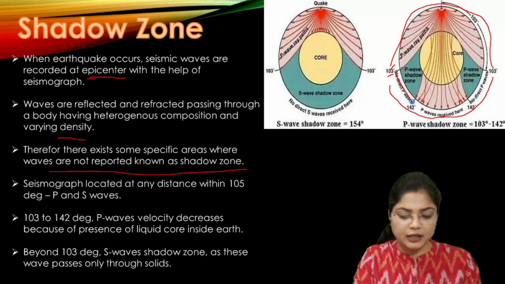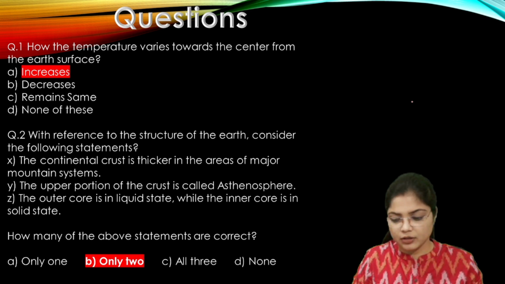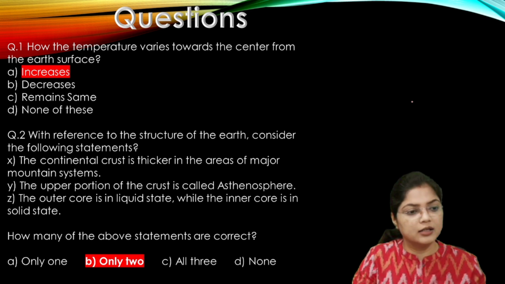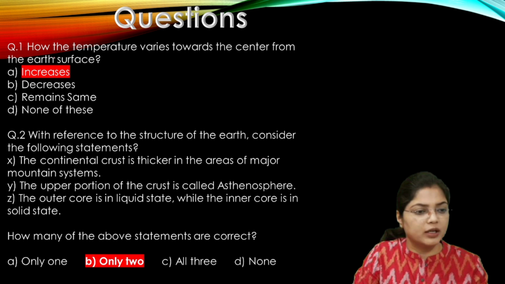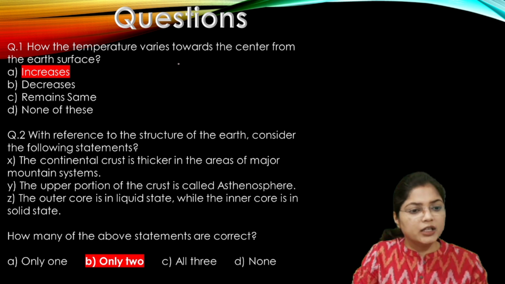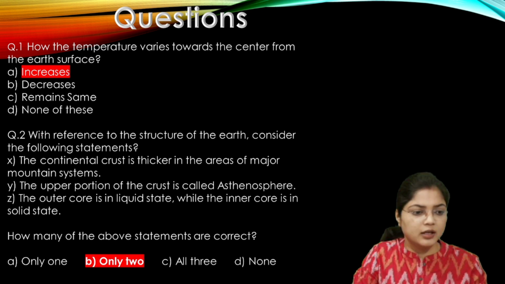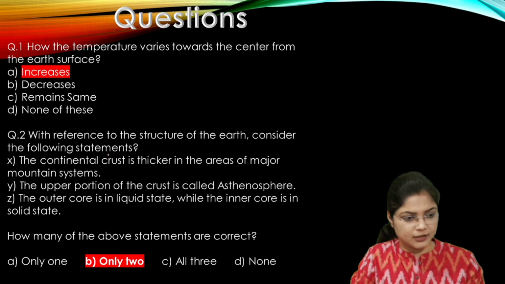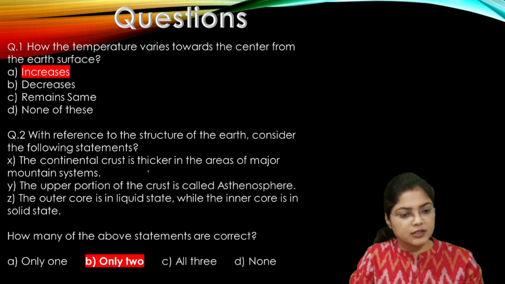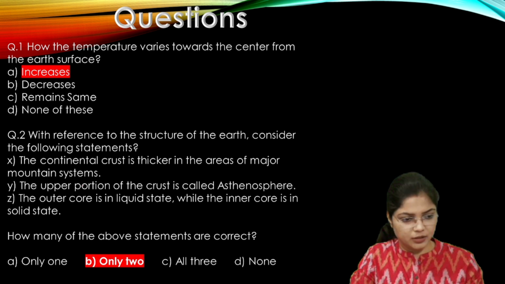Here we can see how UPSC has asked questions about this topic. How does the temperature vary towards the center from the earth surface? It increases. With reference to the structure of the earth, consider the following statements. The continental crust is thicker in the areas of major mountains.